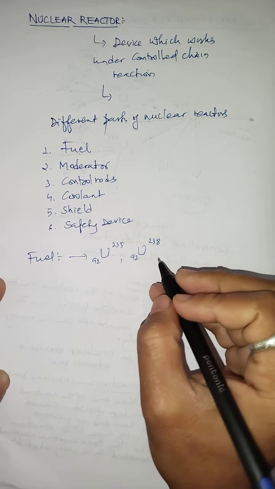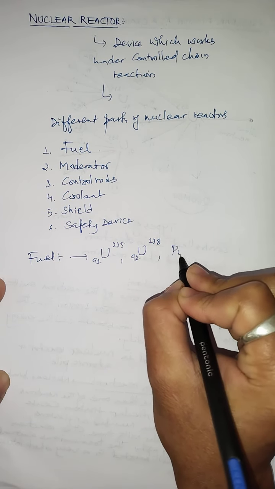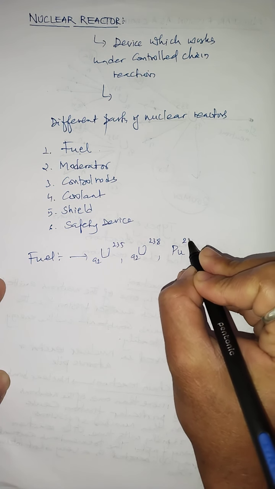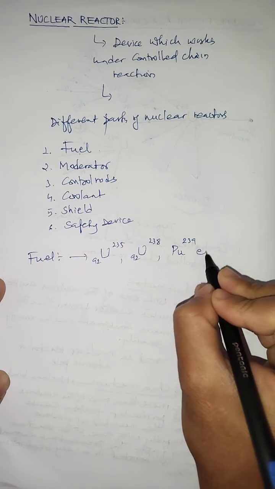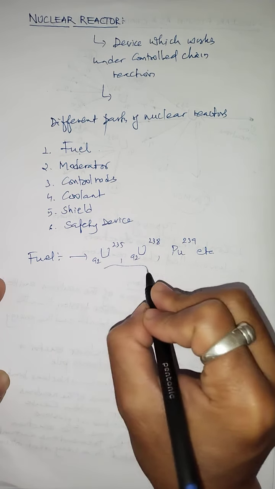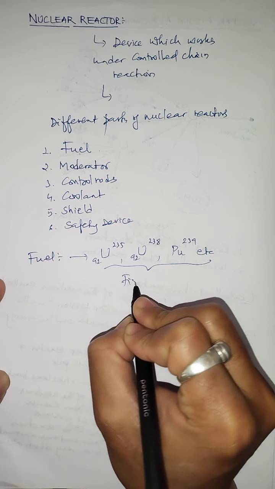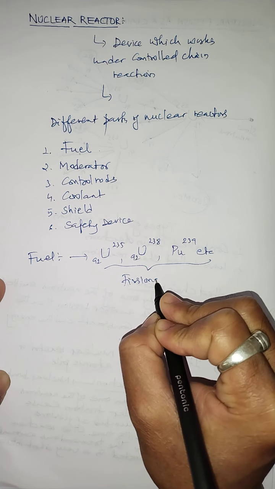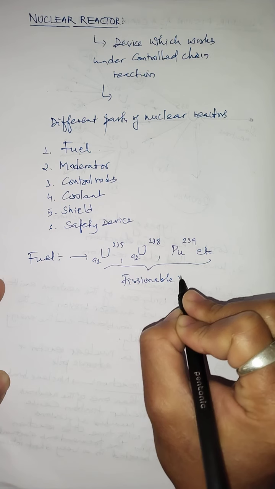Other than this, plutonium with mass number 239. These are examples of fissionable material.